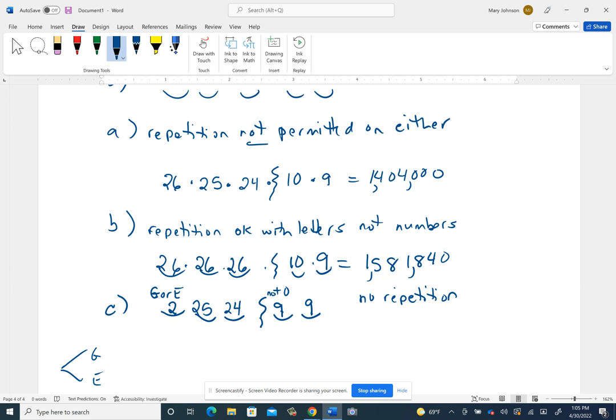I know it looks weird, but that is no repetition. That would turn out to be 97,200. Those are a couple examples of problems that would fit using the fundamental counting principle to solve counting problems.